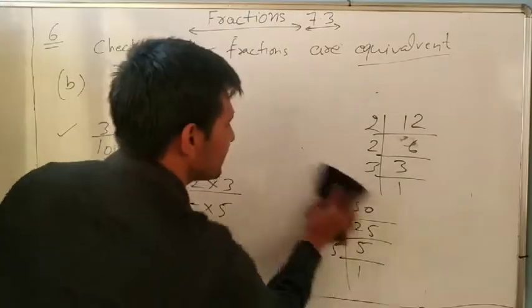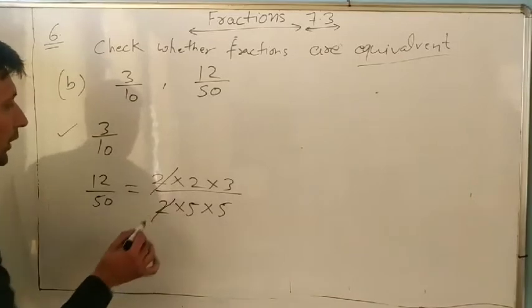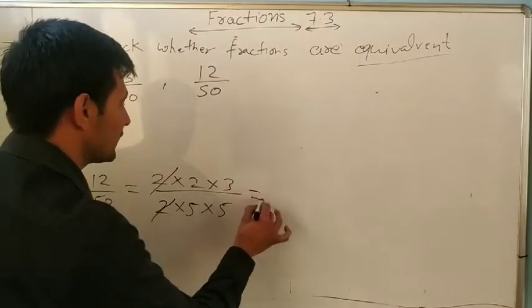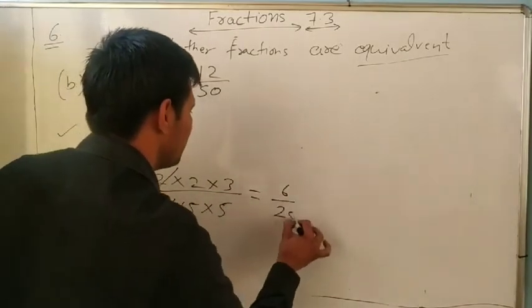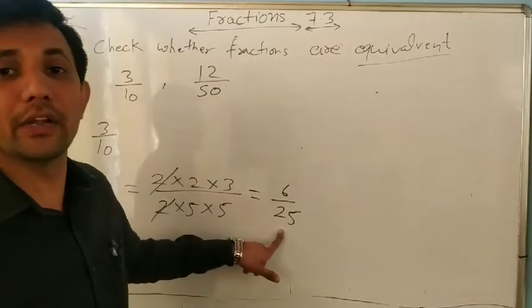We write it in factors. So 2 cancels by 2. Any common factor? No. So 2 threes are 6, and it is 25. So it is 3 by 10 and 6 by 25.